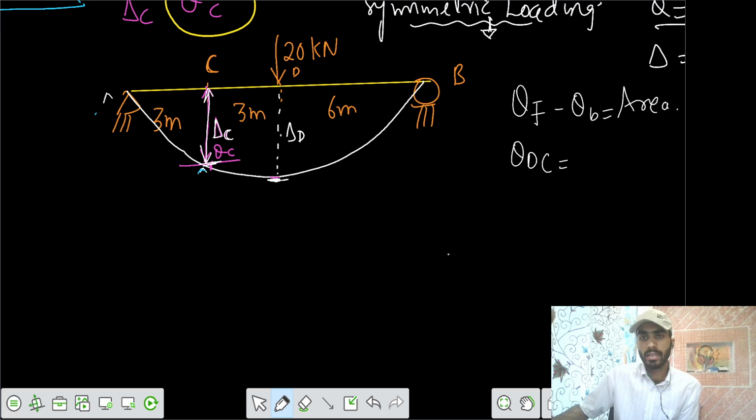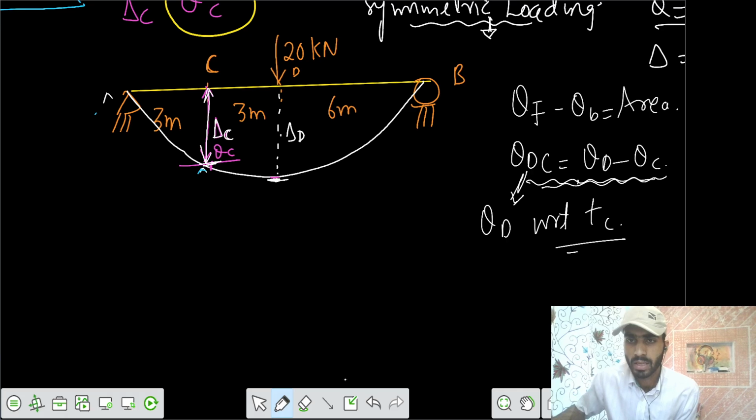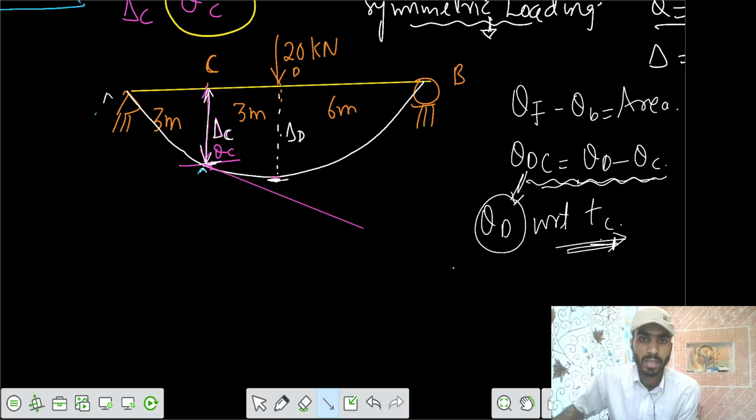So delta DC means delta at D minus delta at C. This value means the deflection at D with respect to the tangent drawn from C. Actually, delta at D is 0, but if you draw a tangent from C, there is some deflection. And we want the value of the slope. So you have to draw a tangent from C. So this is our tangent from C.